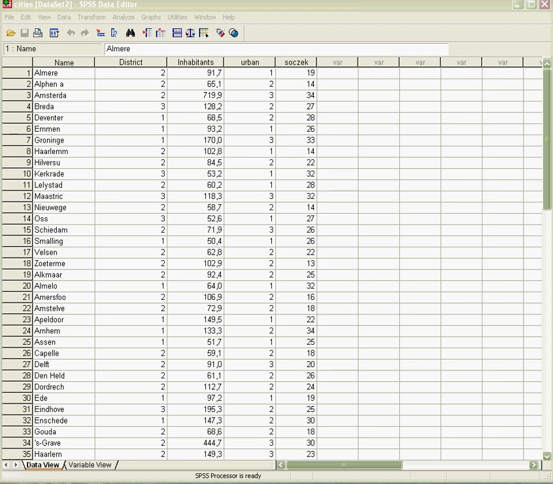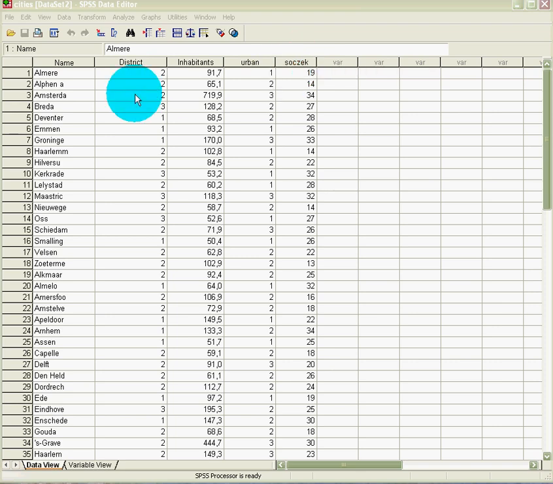Today the topic is simple linear regression, and I opened the data file which you're going to use during this tutorial. So this is it: names of cities, districts, the number of inhabitants, the degree of urbanization, and the percentage of people living on social security.